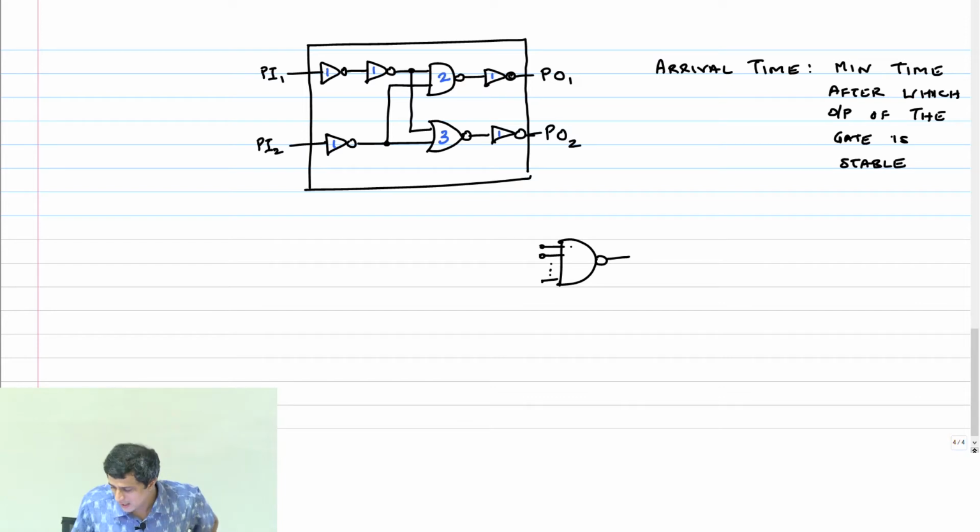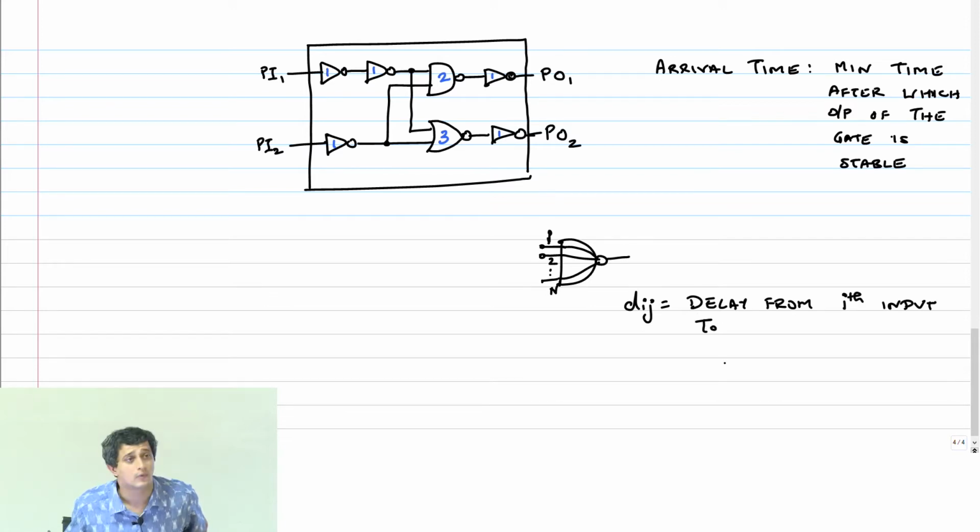And in general, I have delay from one input to the output all different, right? So if I have inputs I1, I2 up to In, and my output is just one of them, then let di equal the delay from ith input to output.